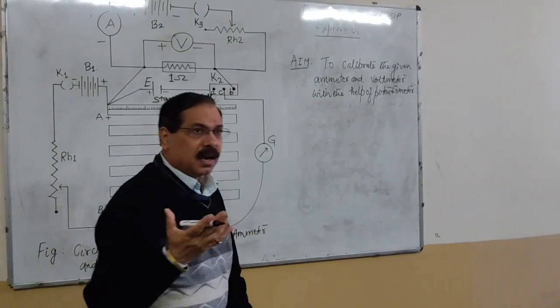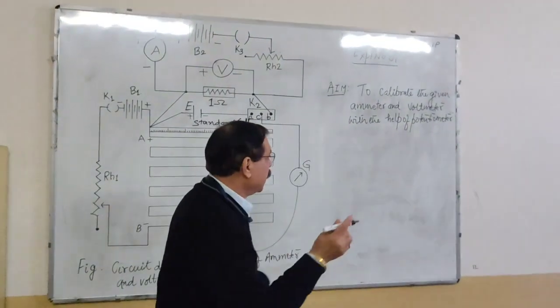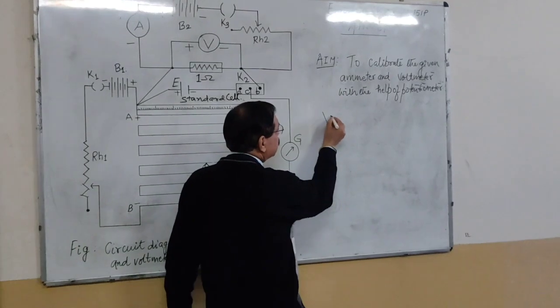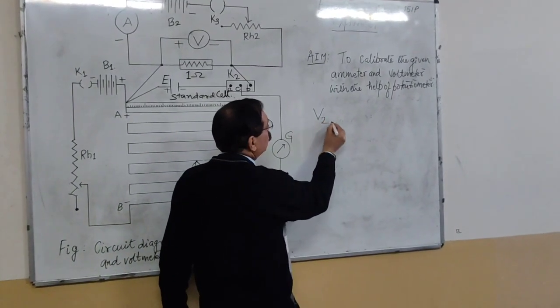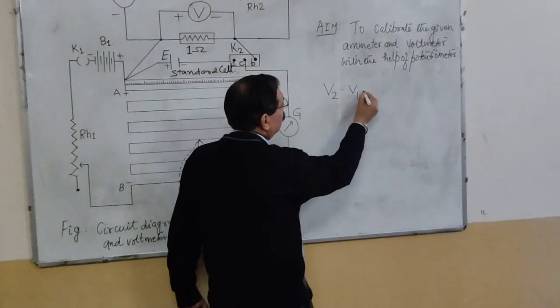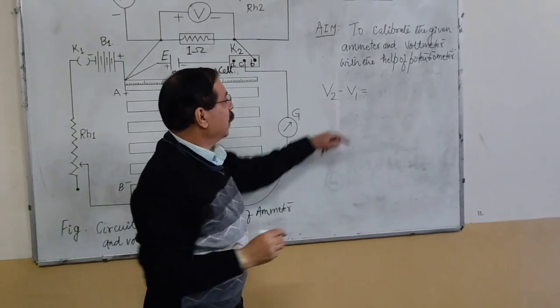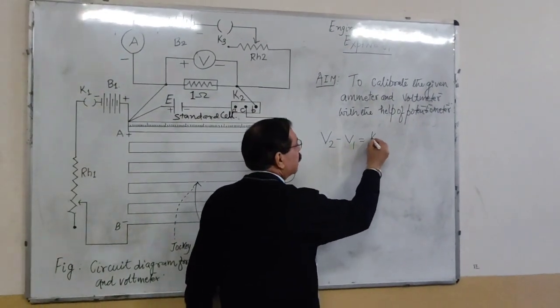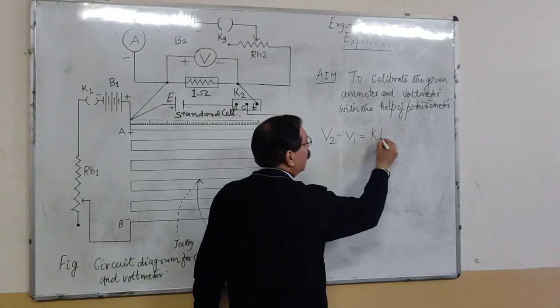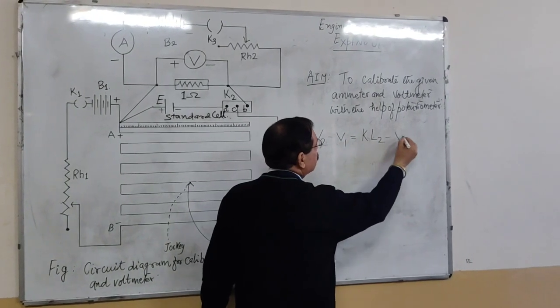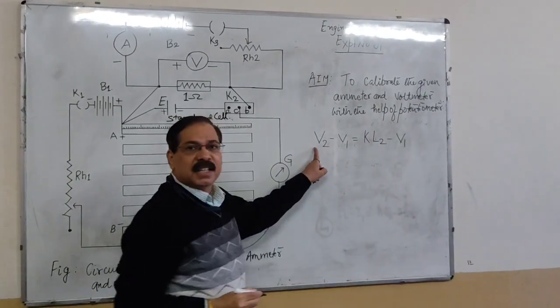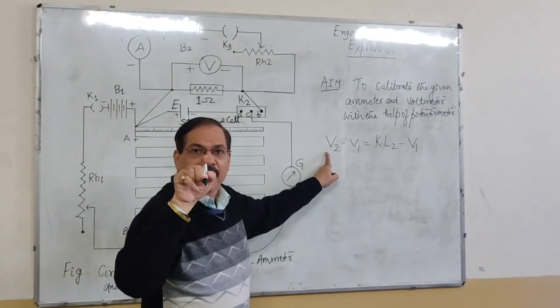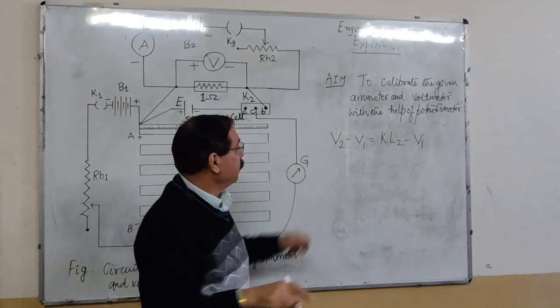Now what is the error in the voltmeter? We use this formula, V2 minus V1, and we write this result as K into L2 minus V1. This is the reading error in the voltmeter.